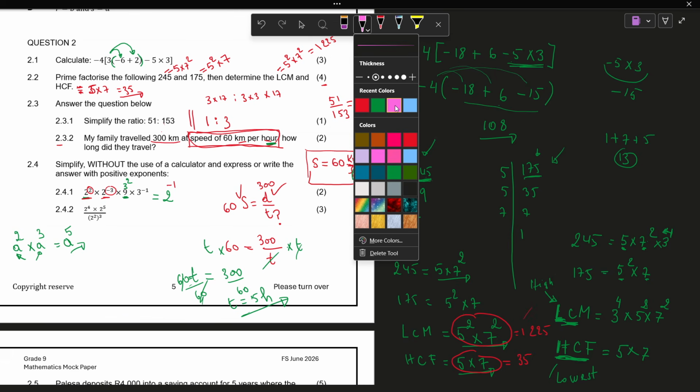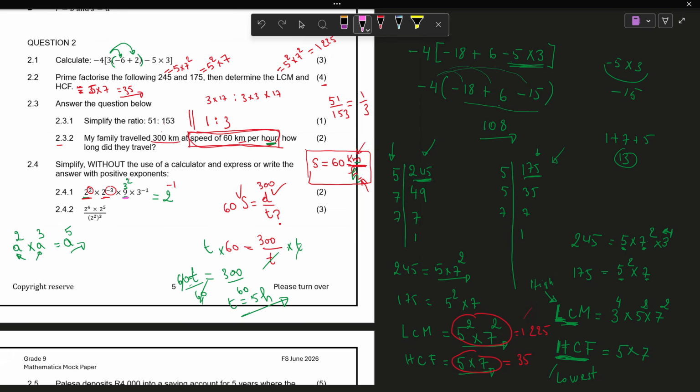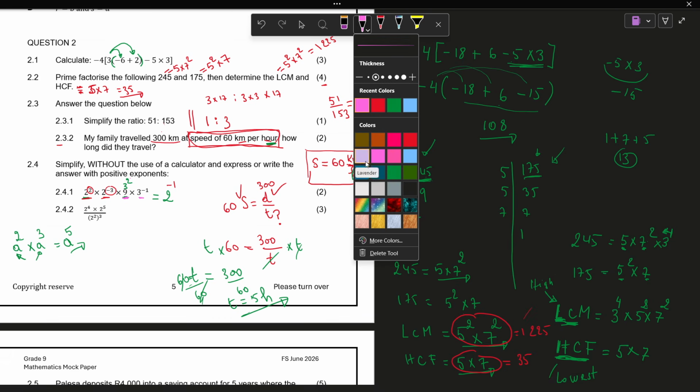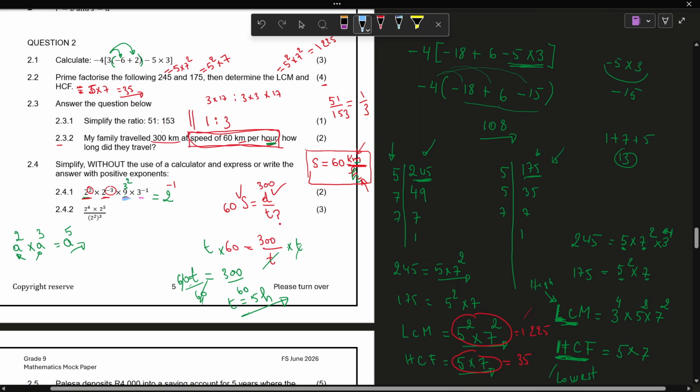Let's handle the other bases. We have this one, which is 3 squared times... the colors are not contrasting. I need to have, let me take blue. So I've got 3 to 2 times 3 to negative 1, right?